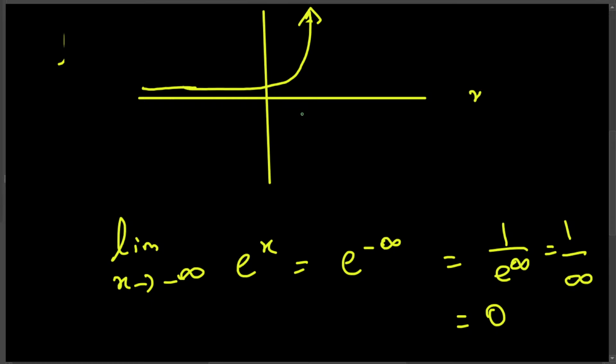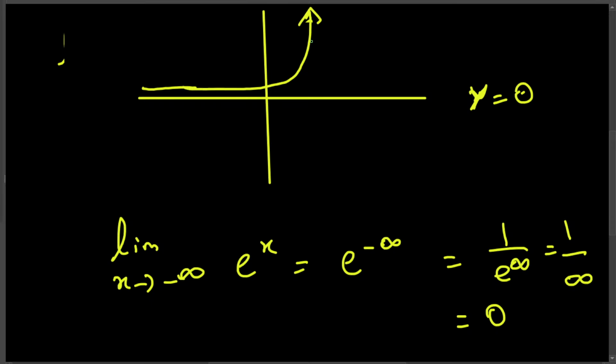Actually, that's a horizontal asymptote. The horizontal asymptote is y equals 0. We don't have a vertical asymptote because this is going to go on forever. We have values for x that are negative infinity and positive infinity.